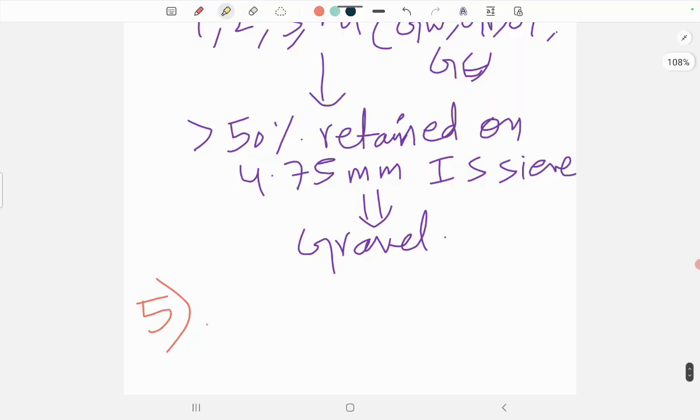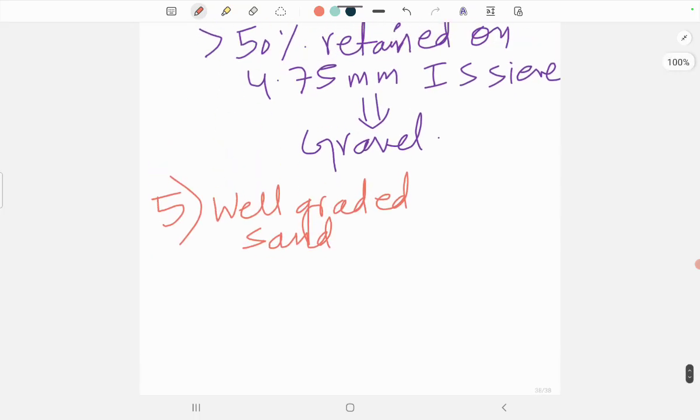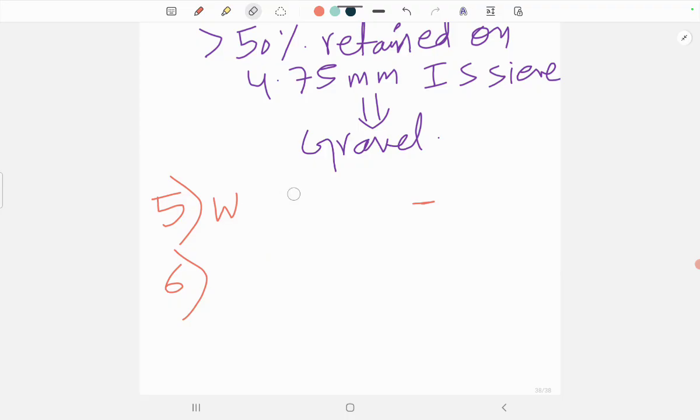So first we write the symbol. What we write is SW, that is well graded sand.